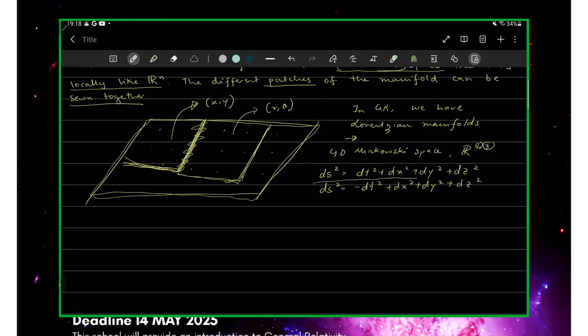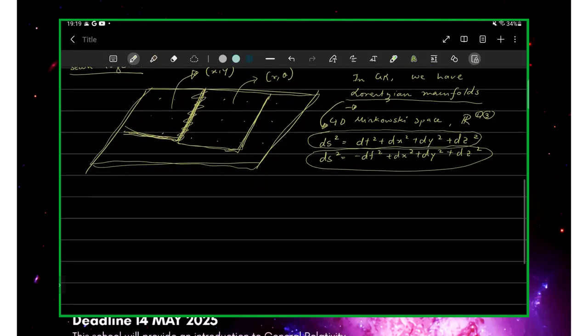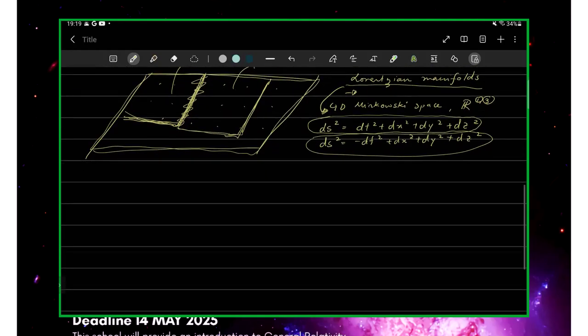So this describes a Lorentzian manifold, and this describes four-dimensional Minkowski space. And I'm saying that a Lorentzian manifold, whatever it is in its generalization, should locally look like four-dimensional Minkowski space. In fact, this is interesting because perhaps this will be covered in the later lectures, but this is actually the foundation of the equivalence principle of GR, which states that GR locally should boil down to SR, special relativity.